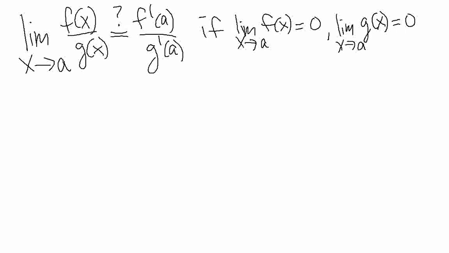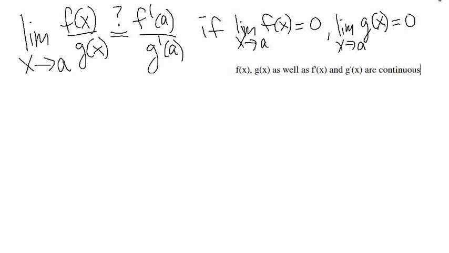I'm going to prove it for a certain specific class of functions. I'm going to prove it for adding this specific assumption. f of x, g of x, as well as f prime of x and g prime of x are continuous. So the limit of the top and bottom is 0.